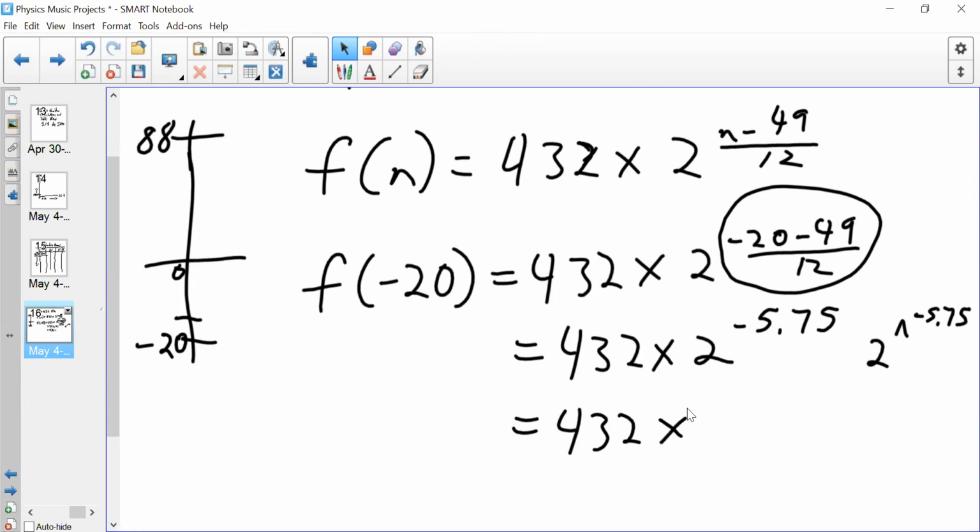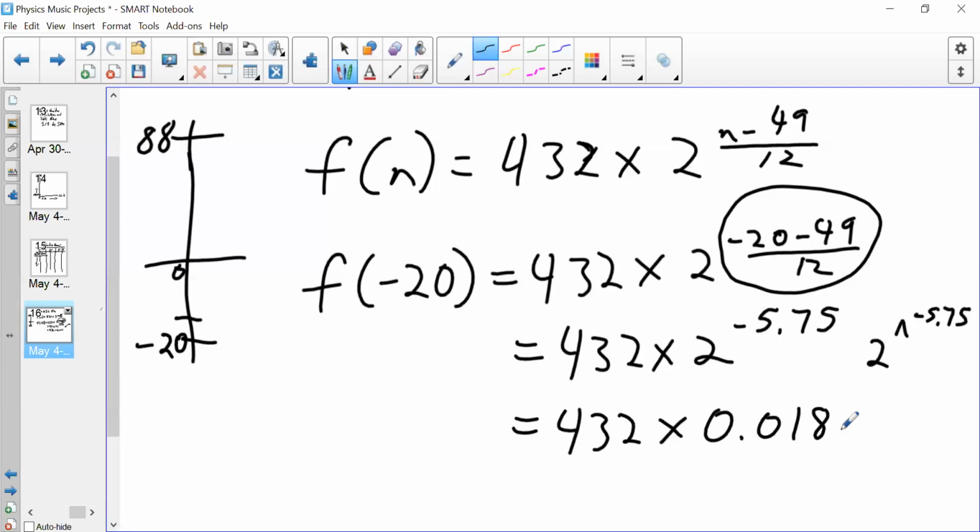432 times 2 to the minus 5.75, well, it's already been evaluated. So 432 times 0.01858. And you don't have to write all these digits out, but what you can do, once it's displayed here, you take the answer, which is all of these digits.